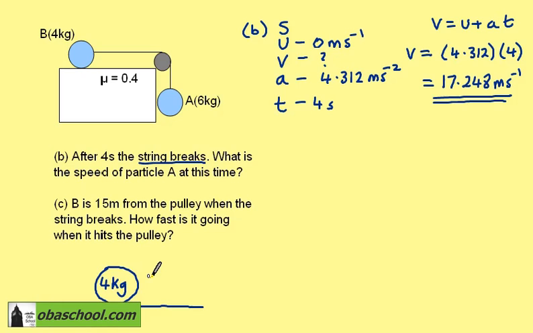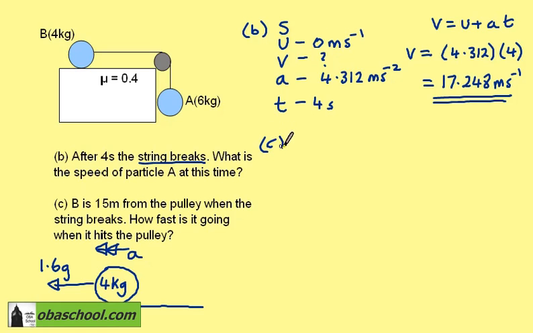The string has broken and therefore no longer pulls the object to the right. The only horizontal force acting then will be the friction, which we calculated to be 1.6g. The friction will oppose the motion by producing a deceleration.